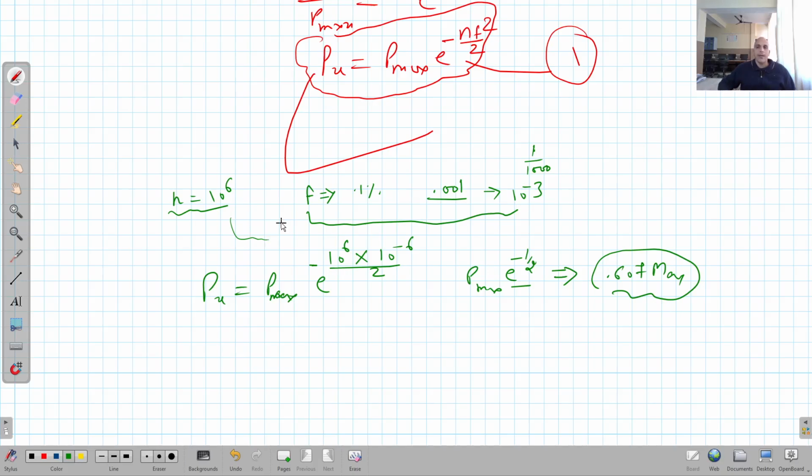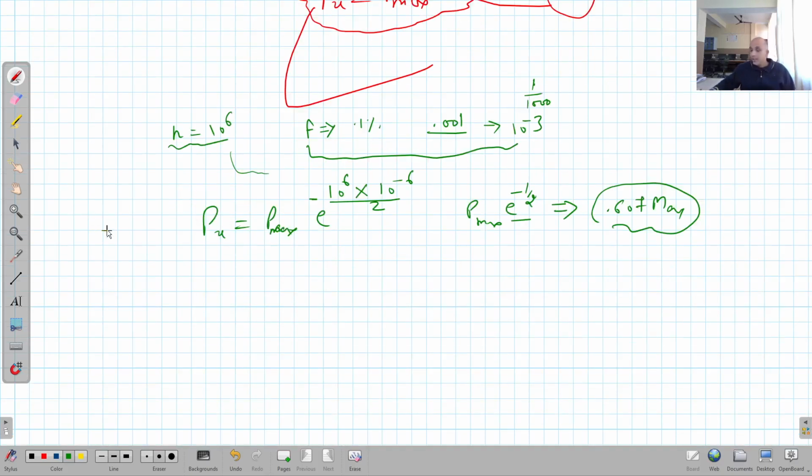Now let's see what happens when I increase the number of particles. Instead of 10 raised to power 6, we have n equal to 10 raised to power 9. In that case, it will become p maximum into e raised to power minus 10 raised to power 9 into 10 raised to power minus 6 divided by 2.